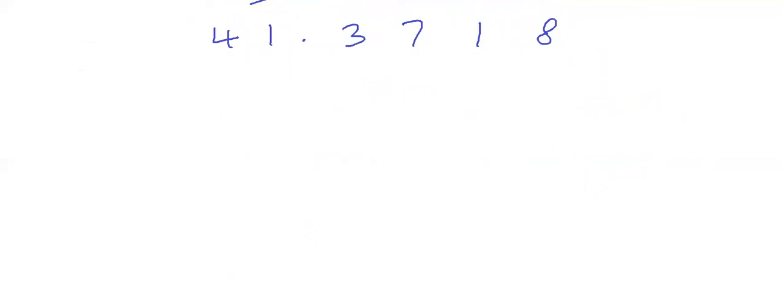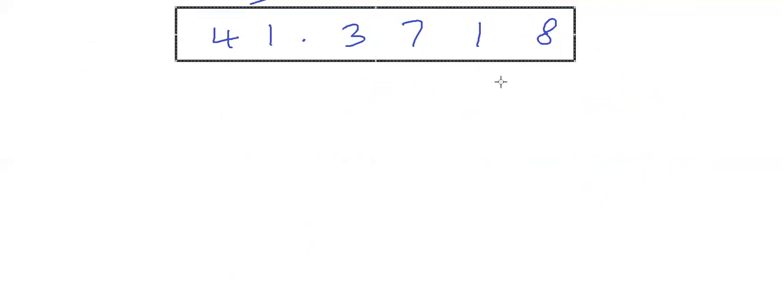So how to convert? What is the first step? First step is make the box. So I am making the box like this. Okay, and then here also I am making a box, and here also I am making a box.